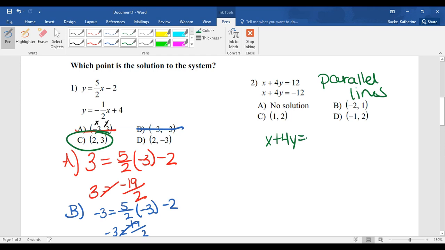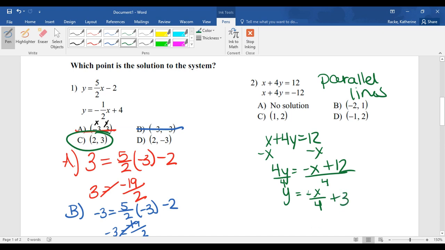If I took x plus 4y equals 12 and solve for y, I'm going to subtract x. I get 4y equals negative x plus 12. Dividing by 4 now, y equals negative x over 4, so negative 1/4 x plus 3.